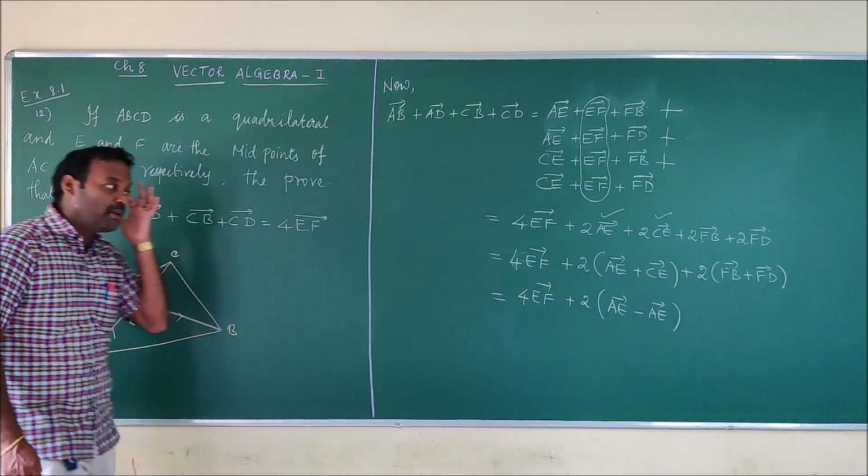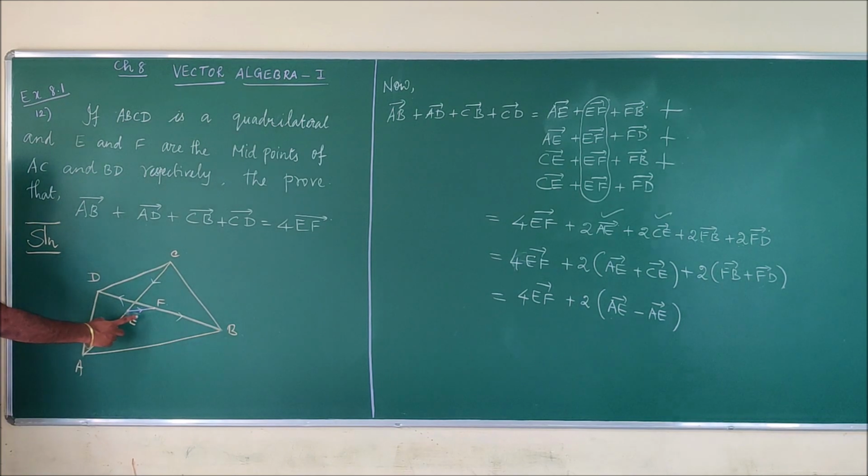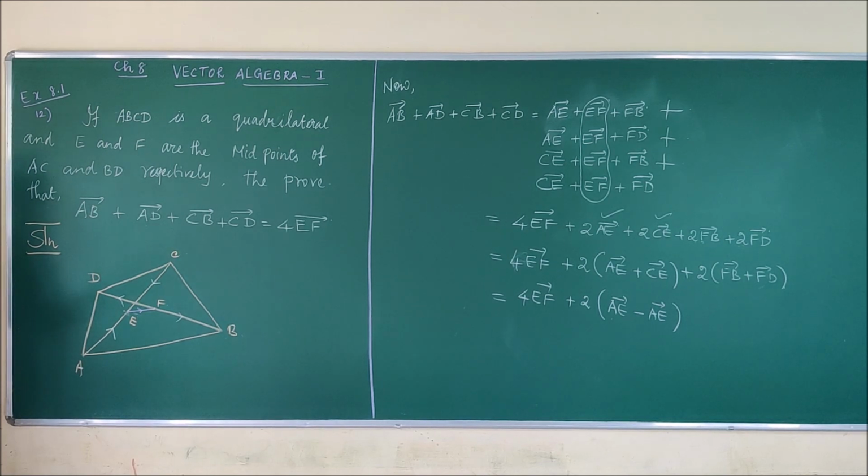I have written CE vector as minus AE vector; come back to the diagram. Since I have mentioned that E is the midpoint, the vectors AE and CE are equal in magnitude. Lengthwise they are equal, but their direction is opposite.